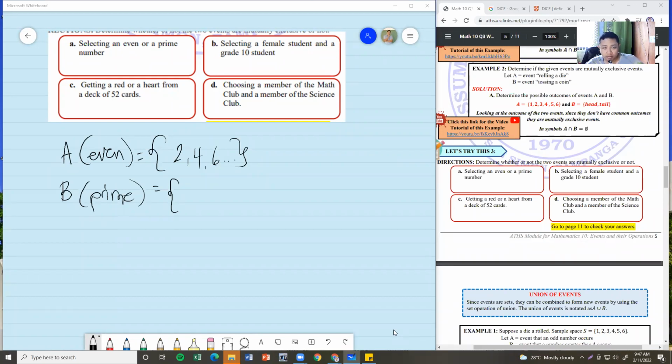So therefore, ito yung mga hindi factorable. You always start with 2, followed by 3, 5, 7, 11, 13, etc. Yun yung mga hindi na pwedeng i-factor pa. So in here, they are not mutually exclusive because they both have 2, which is the start of their counting.